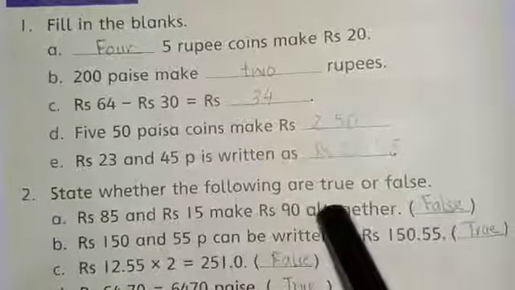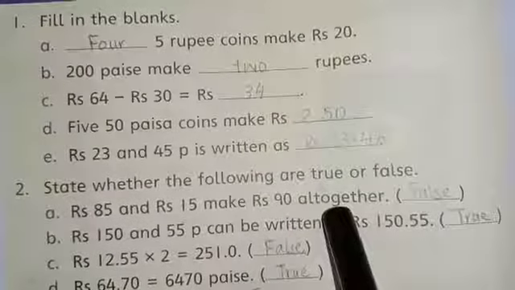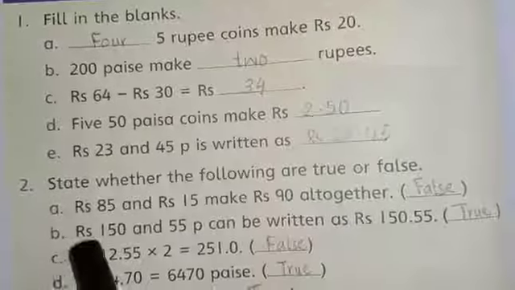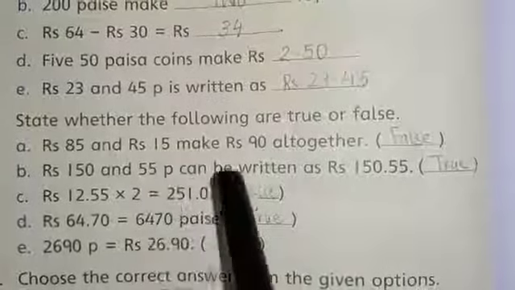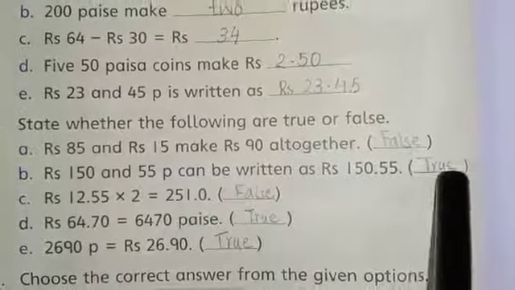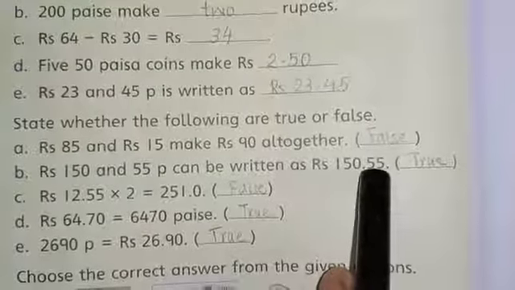State whether the following are true or false. Rupees 85 and rupees 15 make rupees 90 altogether. No, it's false. Next, rupees 150 and 55 paisas can be written as rupees 150.55. Yes, it is true, because it's rupees, and after the point it is 55 paisas.